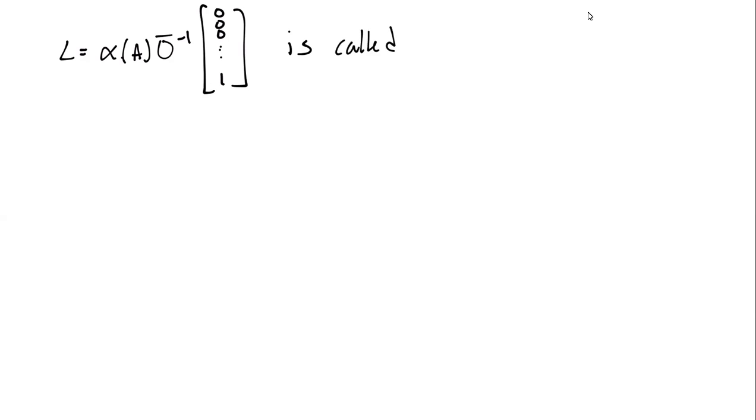Again, L is equal to alpha of A O bar inverse times this matrix 0, 0, 0, 1 is what's called Ackermann's formula for the state space observer.